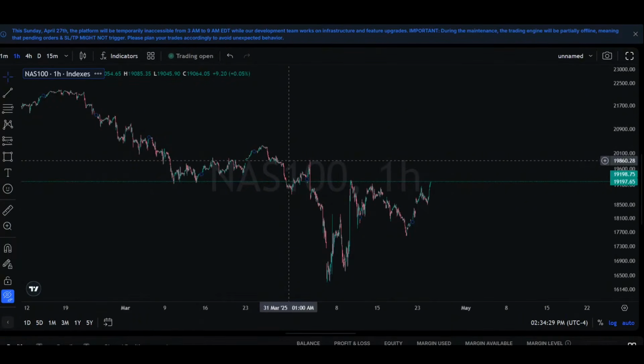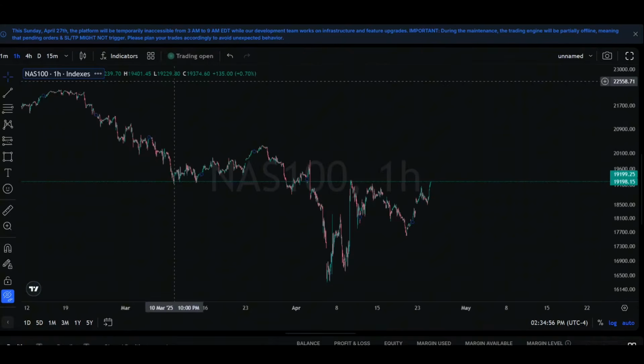So I don't just look for entries, I look for reasons based off of structure, breaks of key levels, liquidity sweeps or rejections, and of course, time of day, because timing 100% matters when you're trading. So let me show you how you can mark up your zones as a beginner.